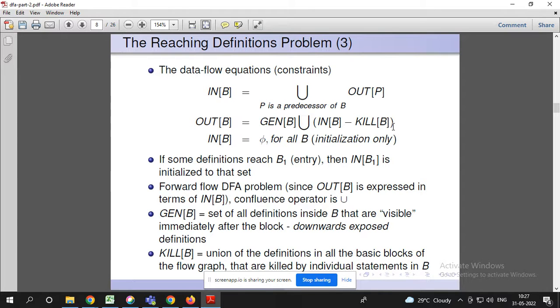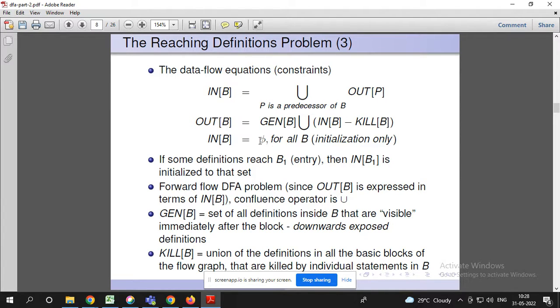Out of B means inside the basic block you can generate your own definitions and you may accept the previous block's definitions, that is in, minus the previous block's definitions you have killed. So gen of B, your own generation inside the basic block, union what comes into that basic block, minus the definitions you have killed in that basic block, is called out of B.